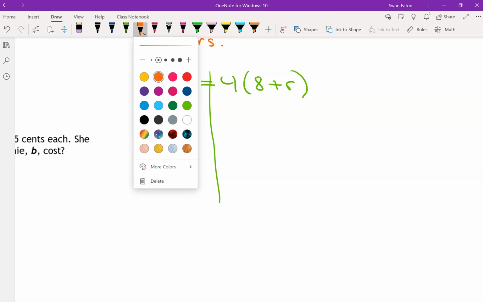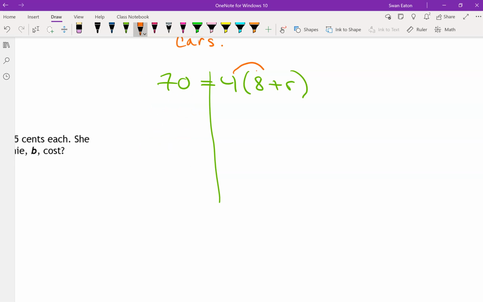All right. First I'm going to distribute. 4 times 8 is 32, and 4 times R is 4R, equals 70. Not sure if this is going to work out, but we're going to keep trying here. Then we're going to subtract 32.